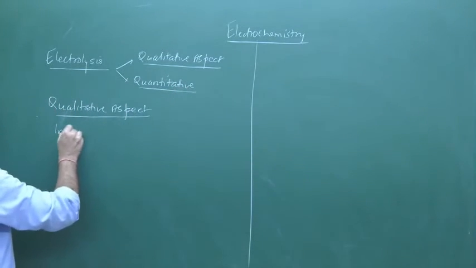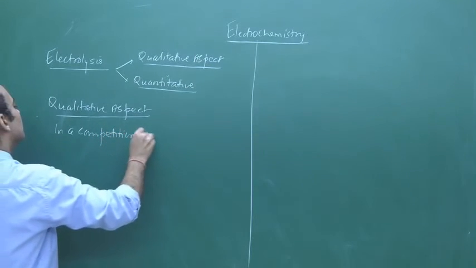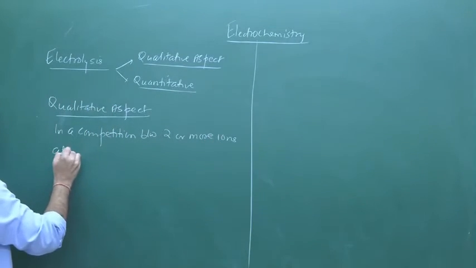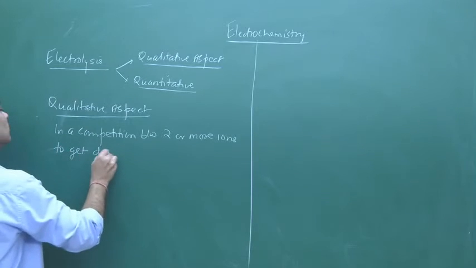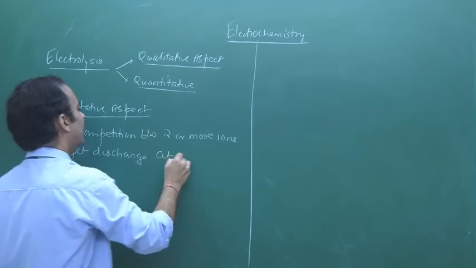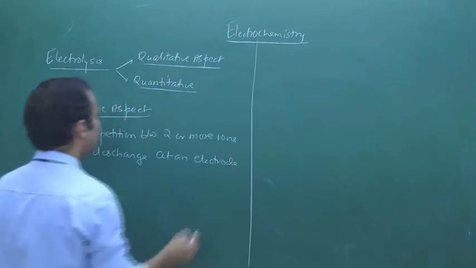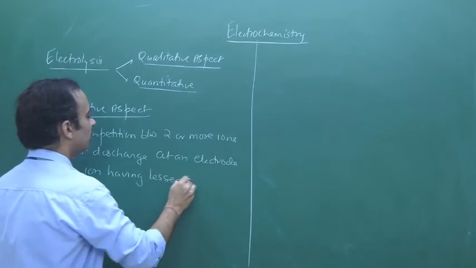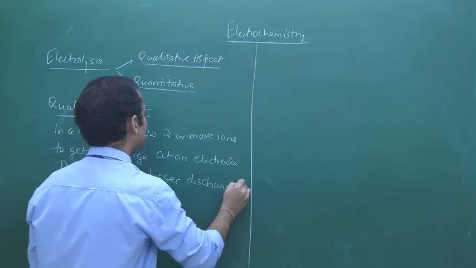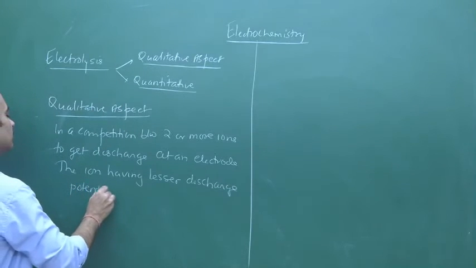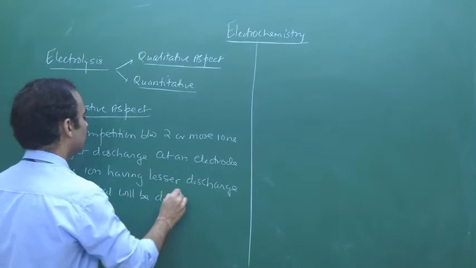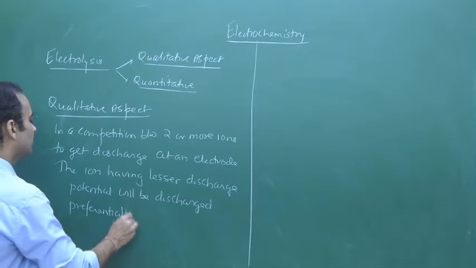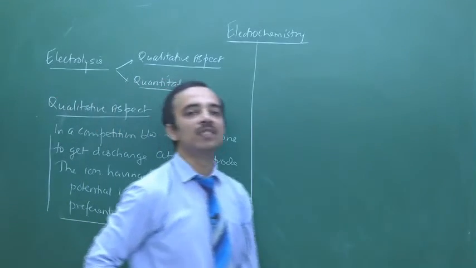So in a competition between two or more ions to get discharged at an electrode, the ion having lesser discharge potential will be discharged preferentially. This is the preferential theory of discharge.